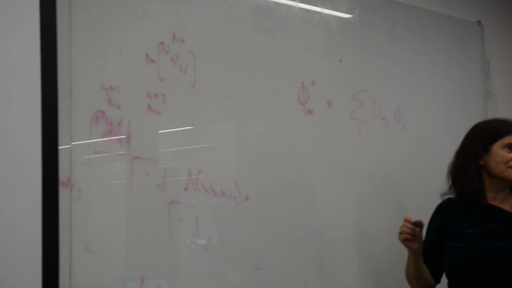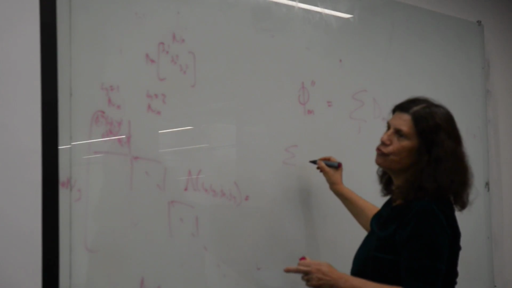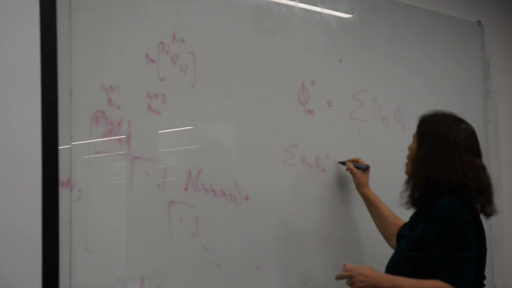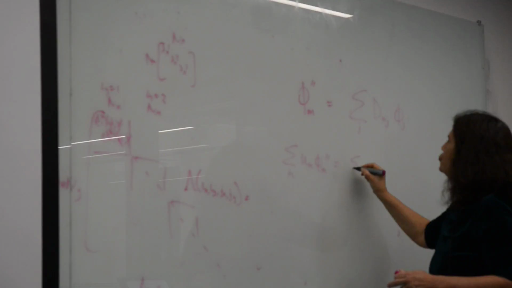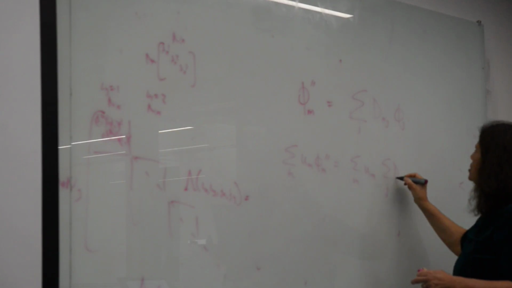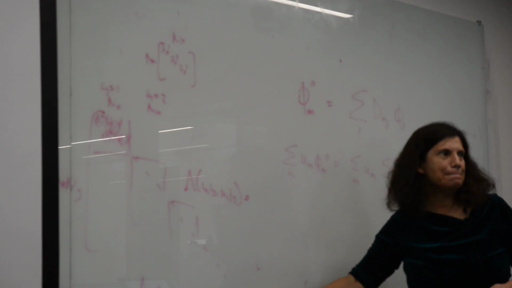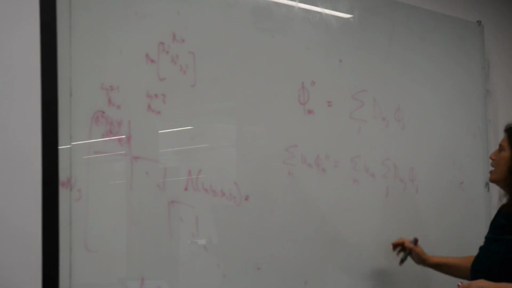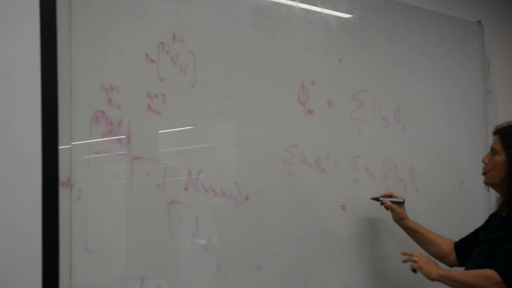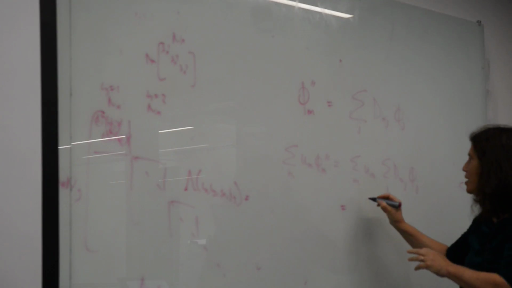Right, you agree with this? And so then I should write phi_m double prime is equal to sum over j of d_mj phi_j. And then I'm going to switch the letters. Okay, you're going to let me do that?